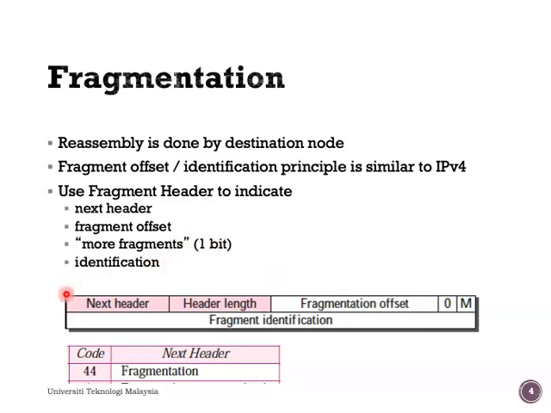As we can see here, this is included in the fragmentation extension header, not in the base header of IPv6. The code for fragmentation is 44. It means that in the next header field we put 44 because this datagram is fragmented. The fragmentation header is part of the extension headers defined in IPv6.